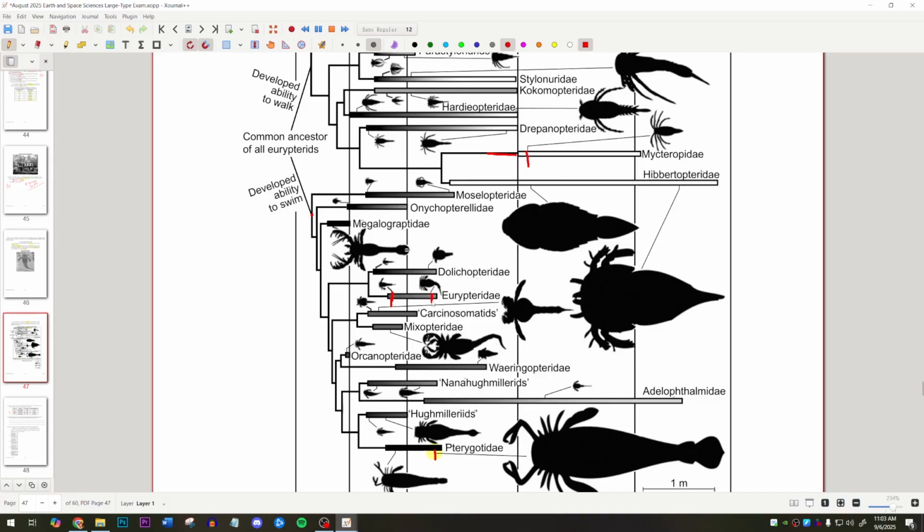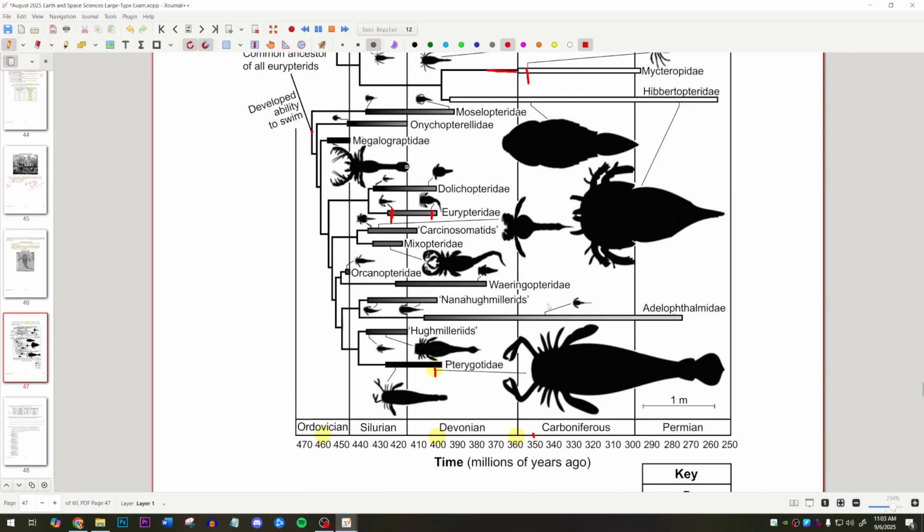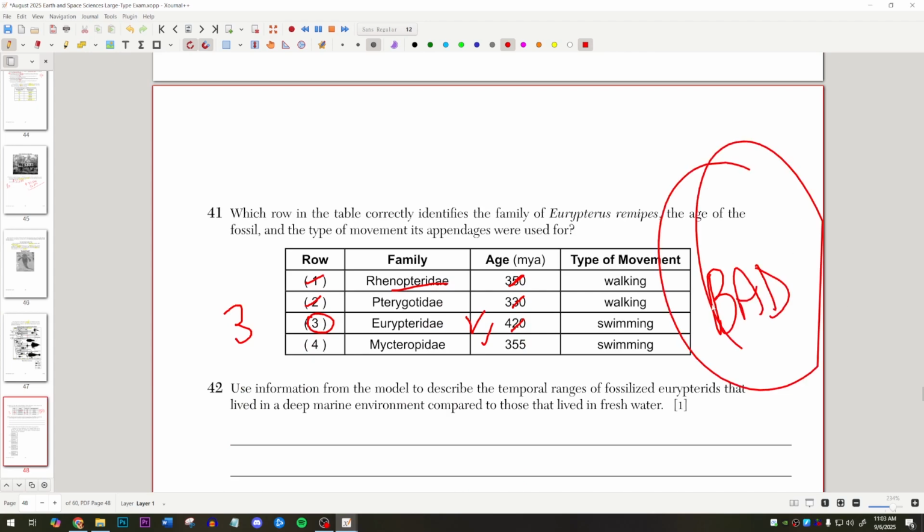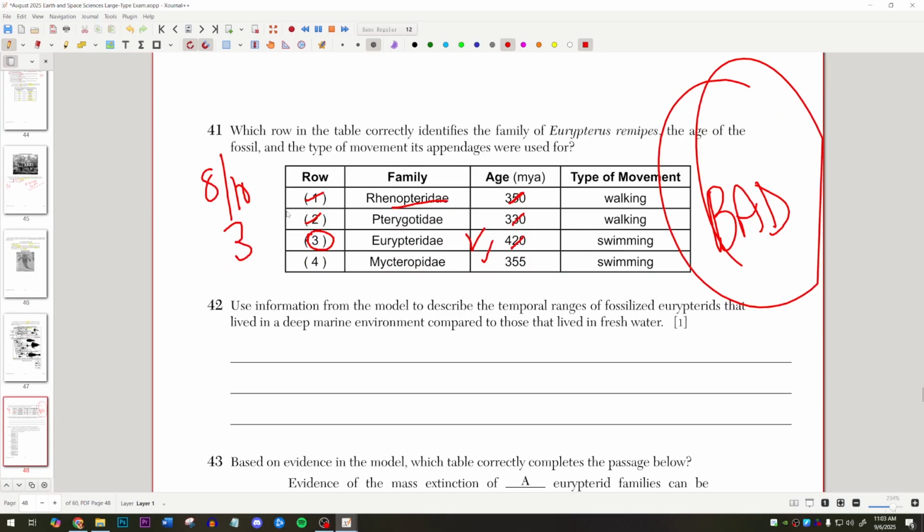Why? And there's two of them on this one. I hated this question. It's a terrible question. So I'm going to rate this 8 out of 10, mostly because it's horrible.